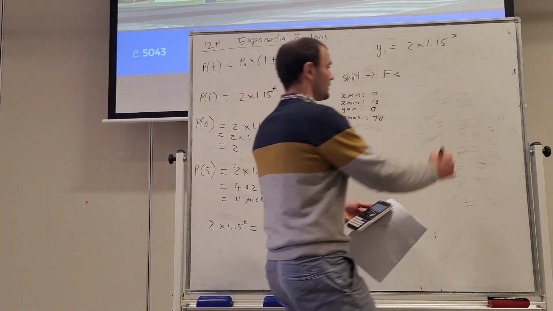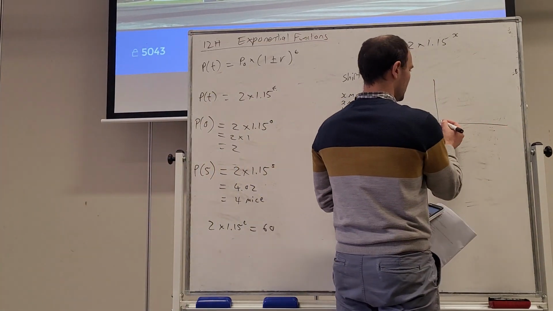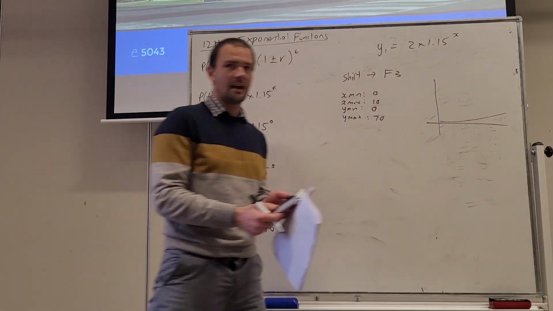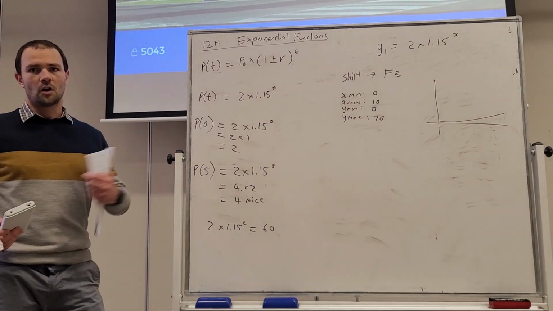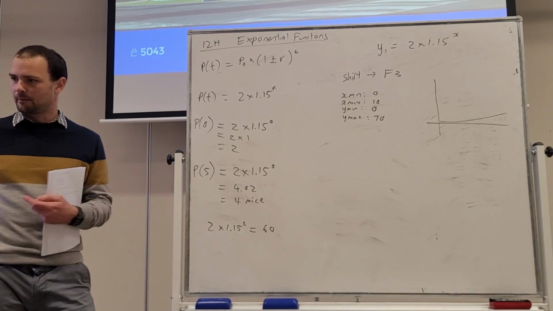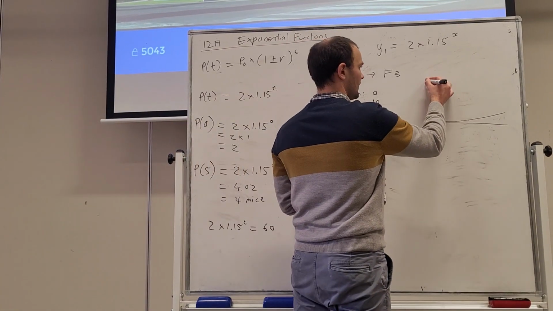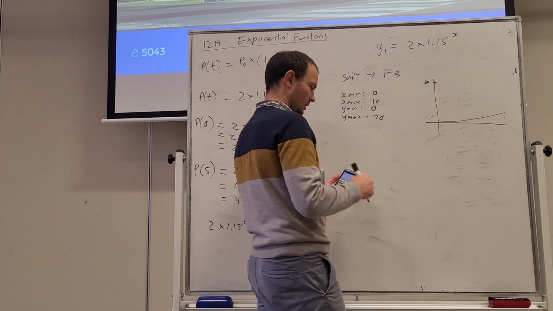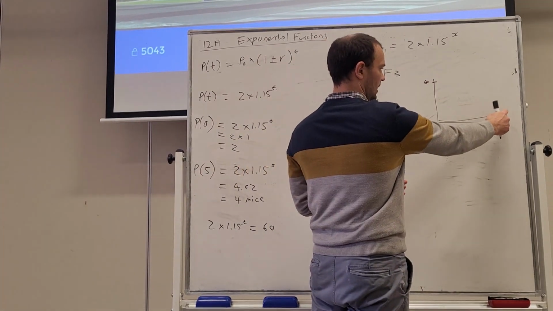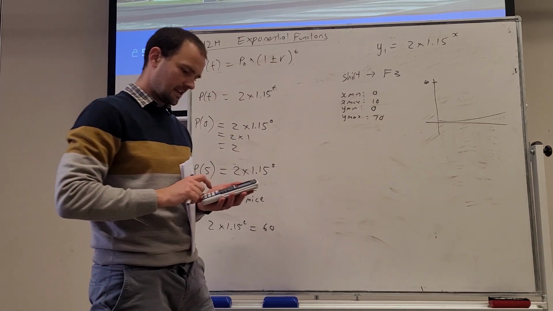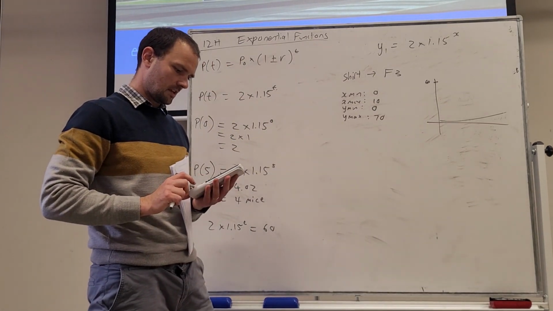Now, when I've sketched it, it looks like that. I need to crank my X out a fair bit more, because at the moment 60's up here. When x is 10, the highest it gets to is 8.